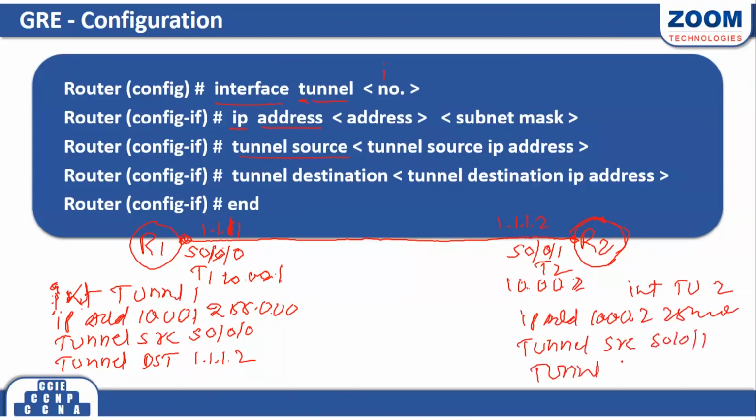Tunnel destination is R1's public IP, 1.1.1.1. Then your tunnel will be up. So R1 and R2 will communicate via tunnel interfaces. Even though many service provider routers are connected in between, R1 and R2 are directly connected via the tunnel interface.